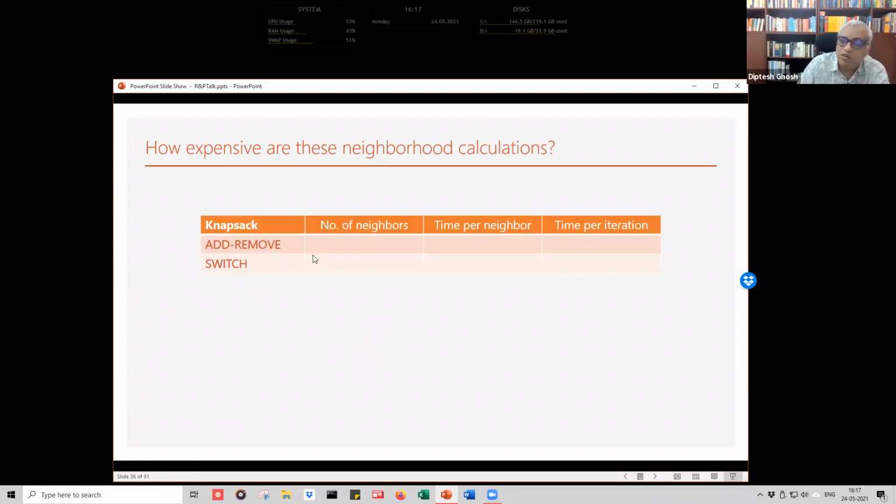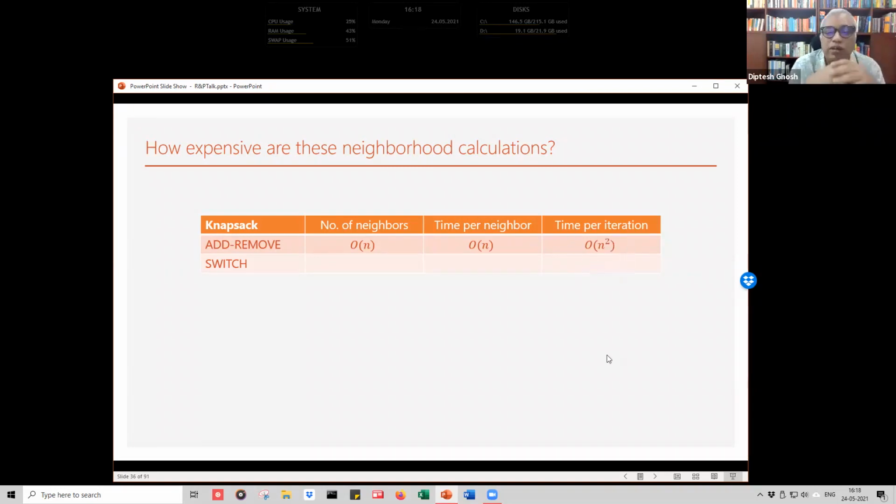One was the add remove neighborhood, one was the switch neighborhood. If I looked at the add remove neighborhood, I knew that they were order n neighbors. And every time I have a neighbor, to compute how good or bad it is, I have to add up order n number of elements, right? So if I do that, the time per iteration would come up to be order n squared.